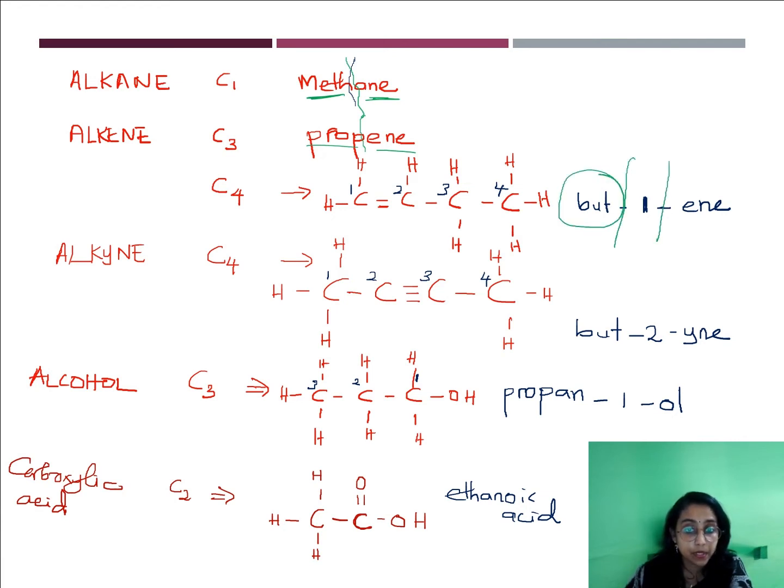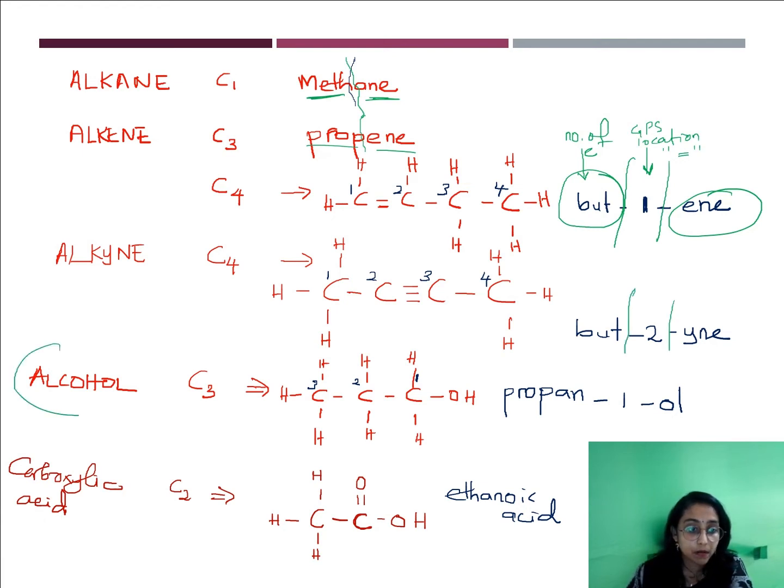The first part is based on the number of carbons, and the middle part will be the GPS location of the double bond. Okay, this is for your own reference. And the ending will be the name of the family. The same goes for alkyne; it works in the same manner.